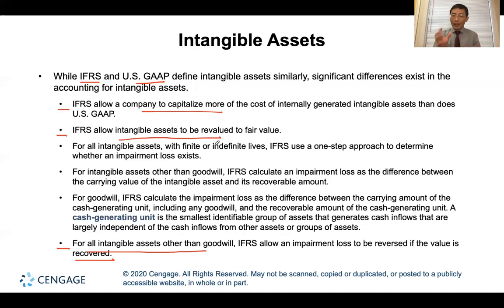But the very big difference is that one is from external sources and the other is from internal. We will capitalize intangible assets from external sources immediately, and if they have a definite useful life, we will amortize the cost over the following useful years.